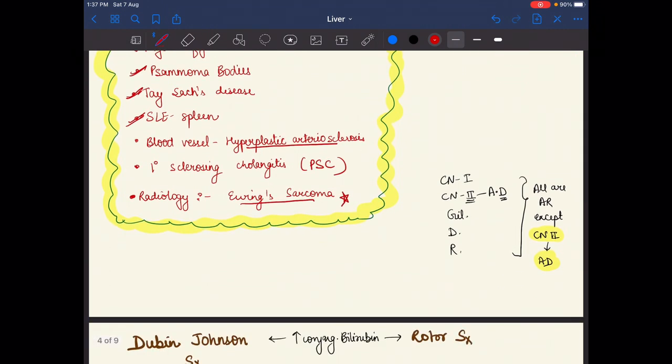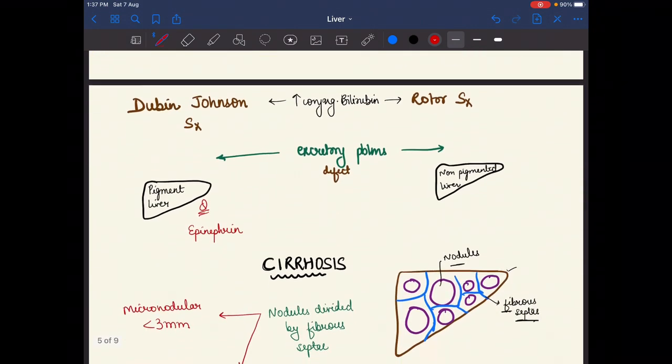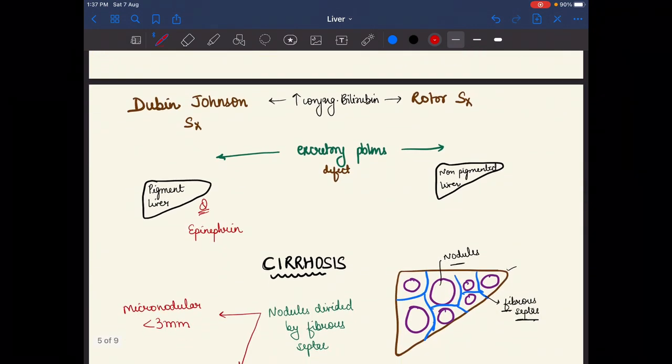Now this point I already told you: Crigler-Najjar type 2 is autosomal dominant, and all the rest were autosomal recessive. Now move to DR, that is Dubin-Johnson syndrome and Rotor syndrome. In both these conditions we see increased level of conjugated bilirubin. In both there is an excretory problem.